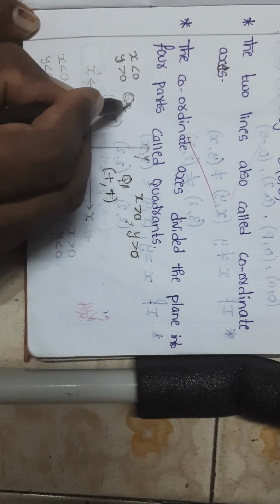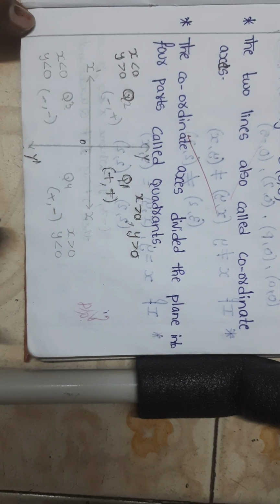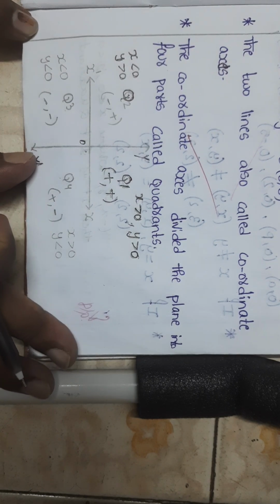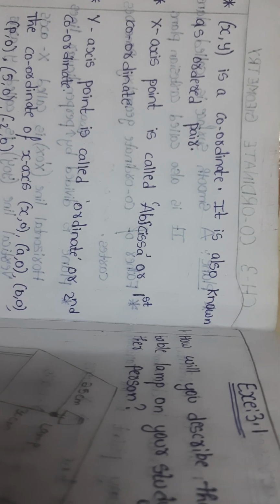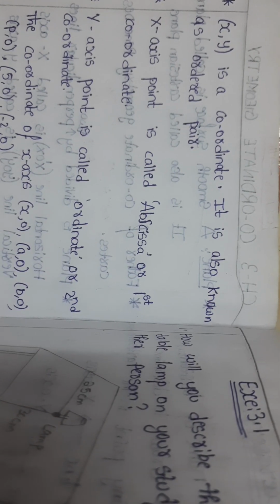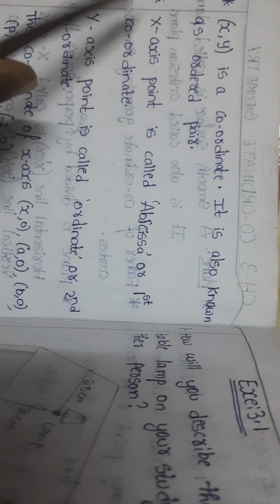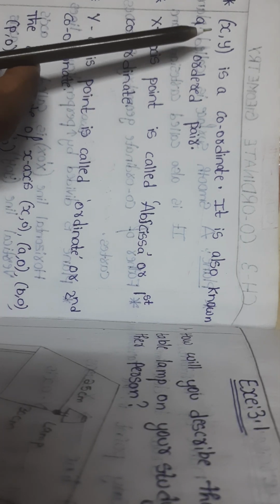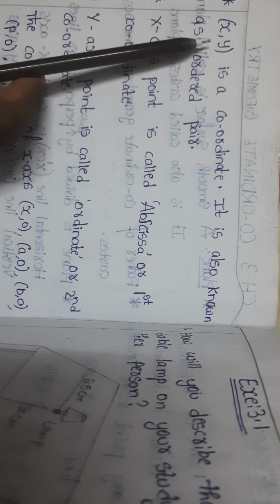Before Quadrant 2, first I am telling about coordinates. What is a coordinate? Coordinates are very important, and based on that we can explain everything very clearly. A coordinate is (x, y). The first is the x-axis point, the second is the y point: x comma y.